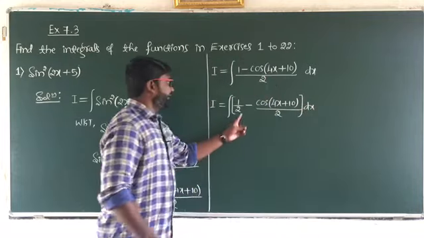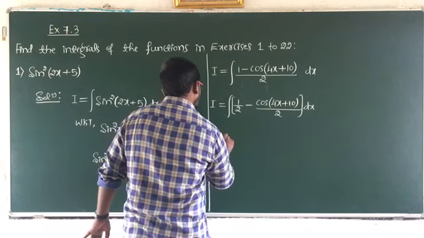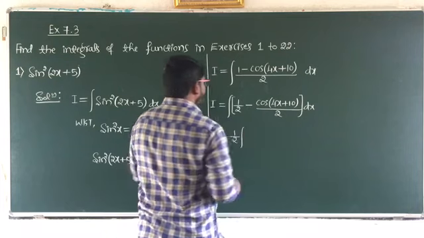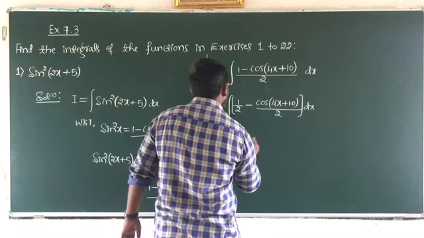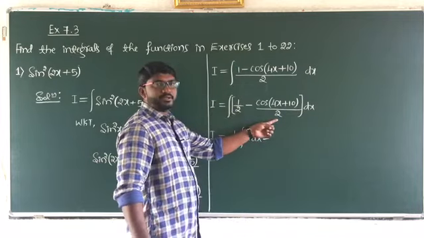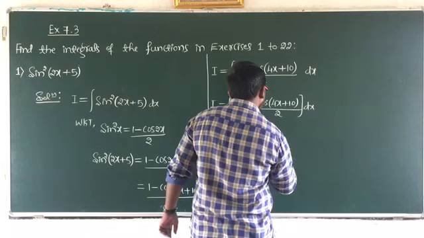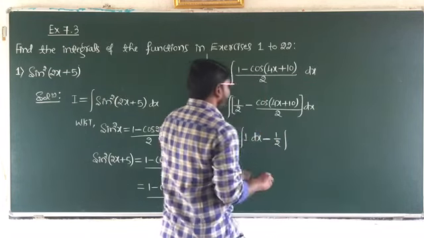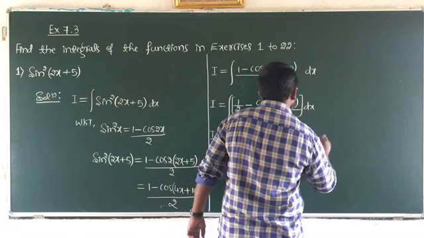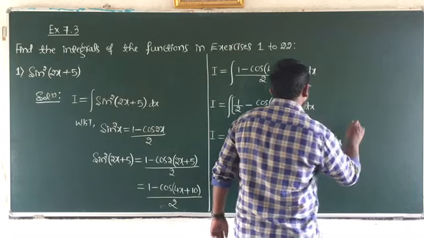Now we can integrate them separately. I is equal to, so 1 by 2 is a constant, so it becomes the integration of 1 dx, then minus, again here 1 by 2 is a constant, write it outside, 1 by 2 times the integral of cos (4x plus 10) dx.